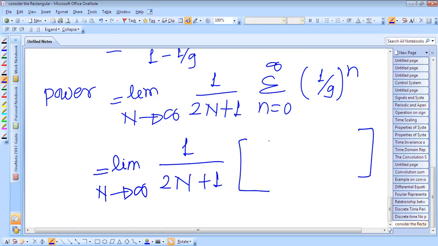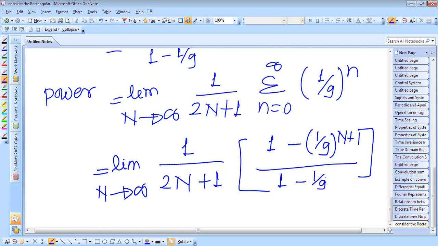When this is less than 1, we can write 1 minus (1/9) raised to N plus 1, divided by 1 minus 1/9.